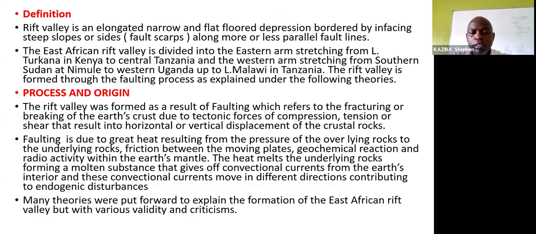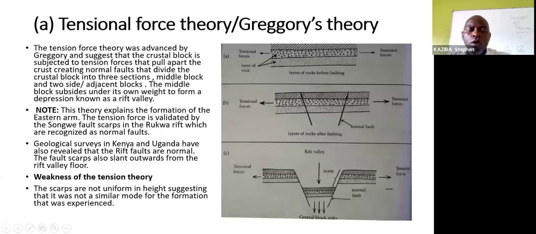Then after that, you point out that there are many theories that led to the formation of the East African Rift Valley. Now, at the end of every theory, make sure you criticize, you support, you give the validity and support. That's what they're after. So you explain the theory very well, then criticize and support.